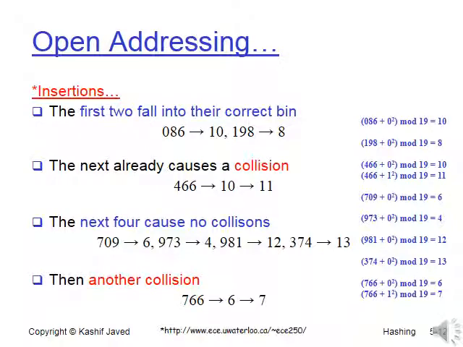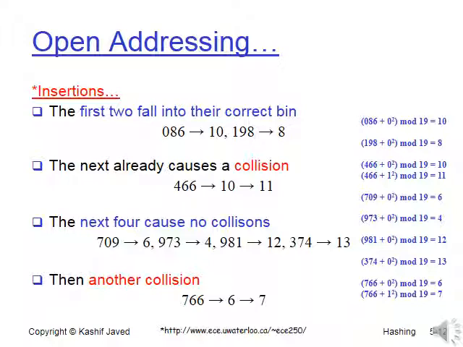Now if we compute the hash value of random number 709, it will fall into bin 6 without a collision. Similarly, for random numbers 973, 981, and 374, they will fall into bins 4, 12, and 13 respectively of the hash table.